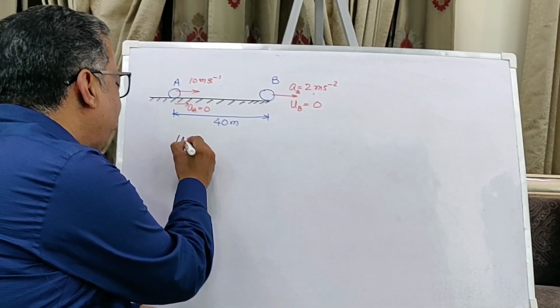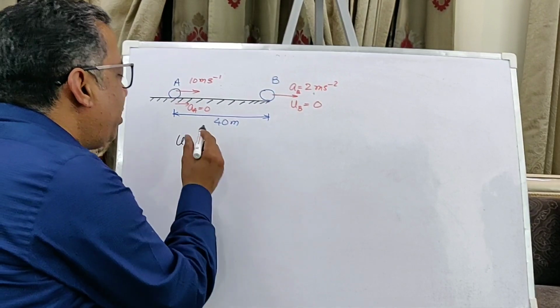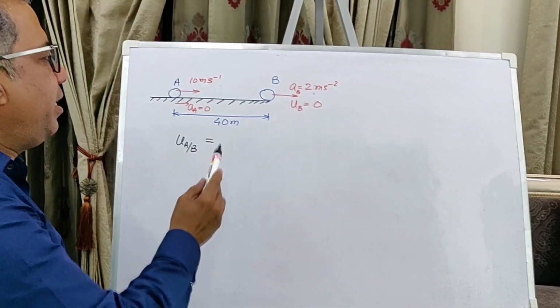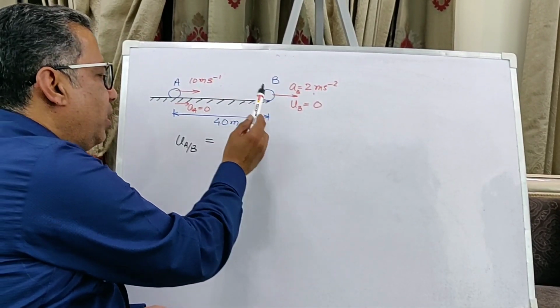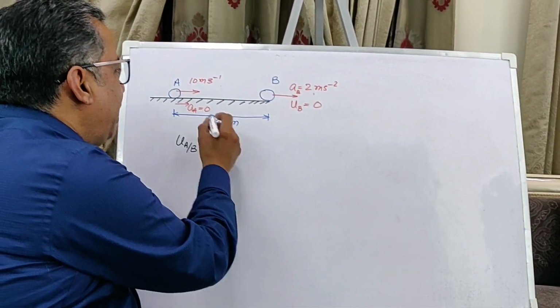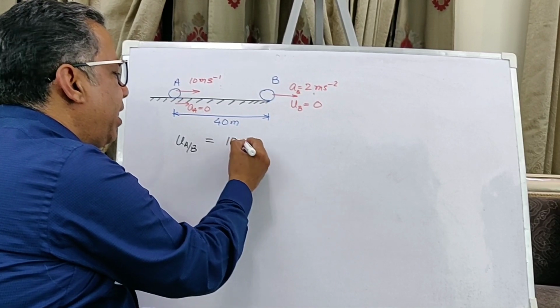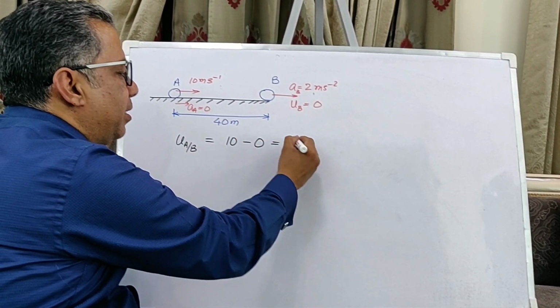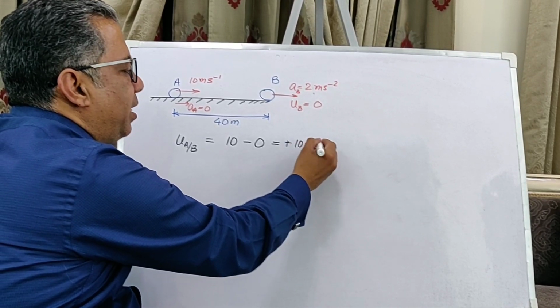So, initial velocity of A with respect to B will be initial velocity of A minus the initial velocity of B, which is plus 10 meter per second.